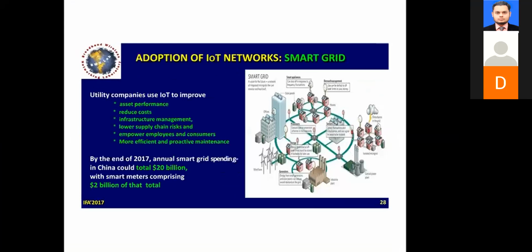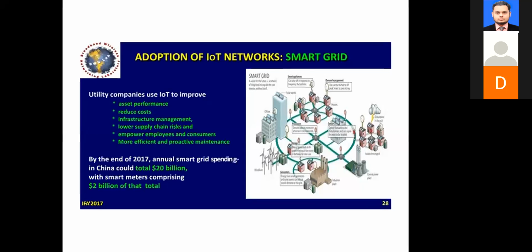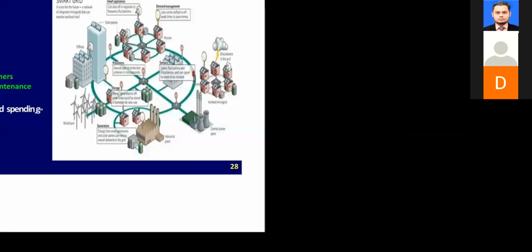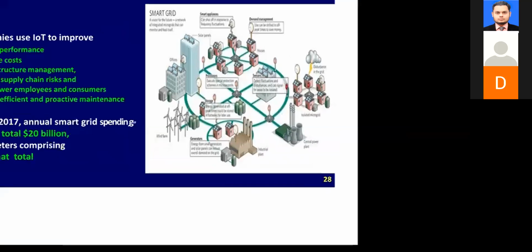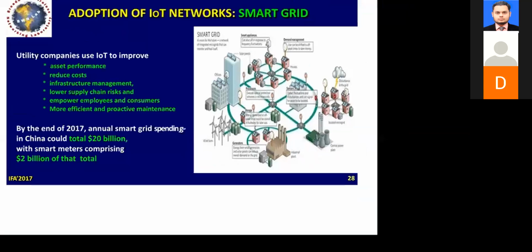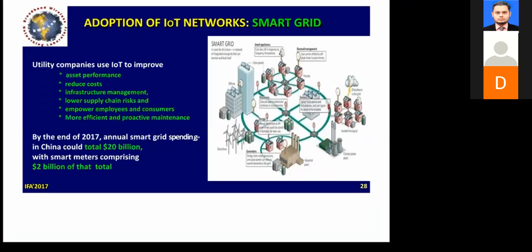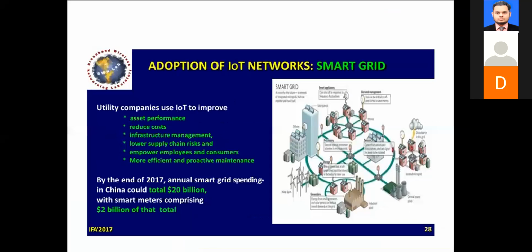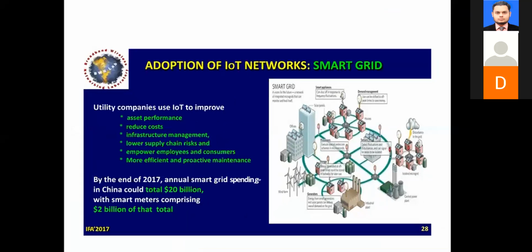Look at the IoT for smart grid. We have been seeing that the smart grid can be connected through IoT for different applications as discussed here, including asset performance, reduced cost, infrastructure management, and supply chain, reducing the supply chain risk. It is estimated that by the end of 2017, annual smart grid spending in China could total 20 billion, with smart meters comprising 2 billion of that.